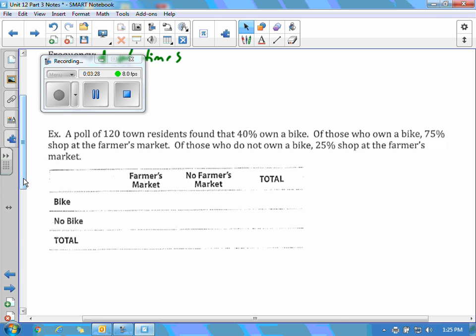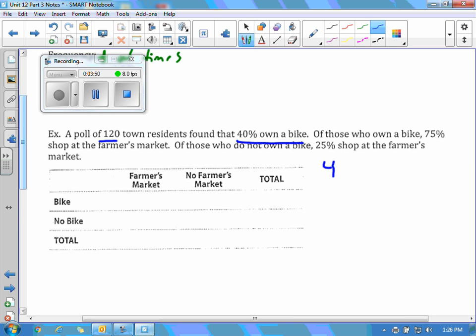A poll of 120 town residents found that 40% own a bike. So we have 120 total, and when we're looking at bike, we know that 40% own a bike.